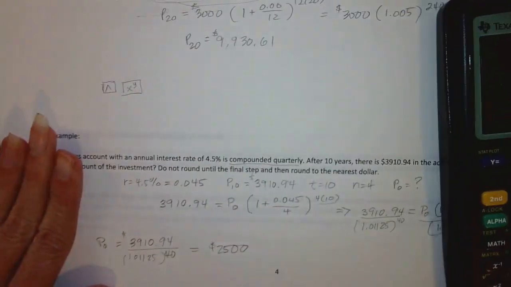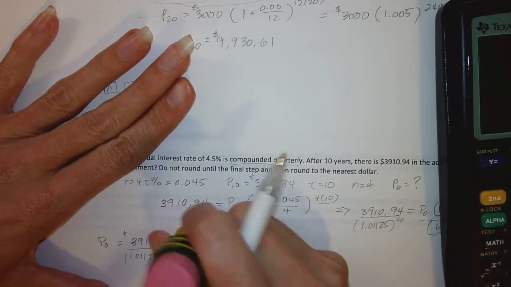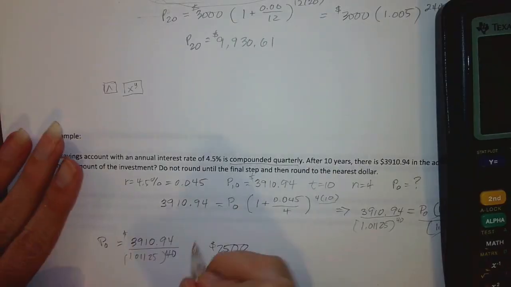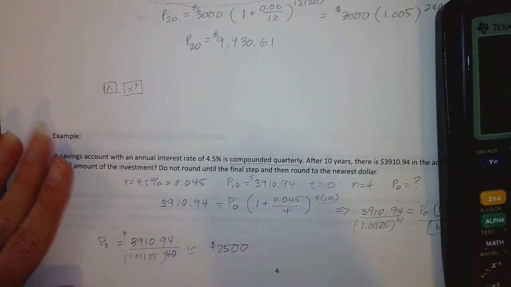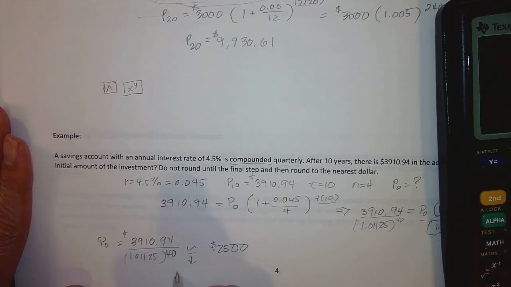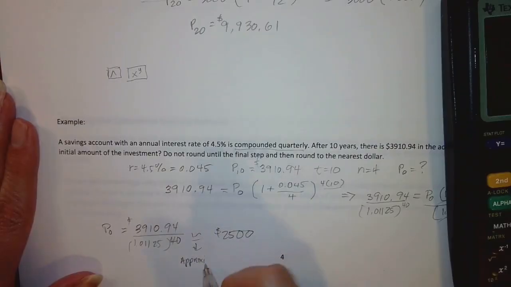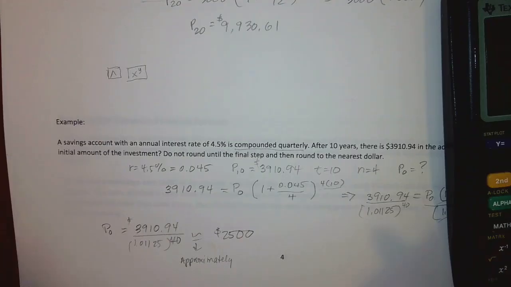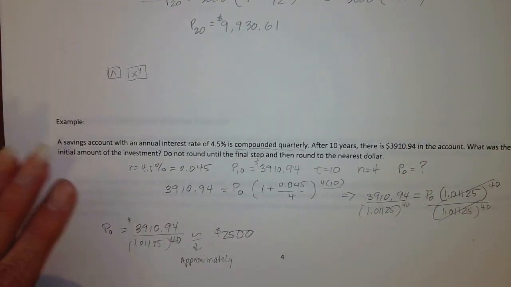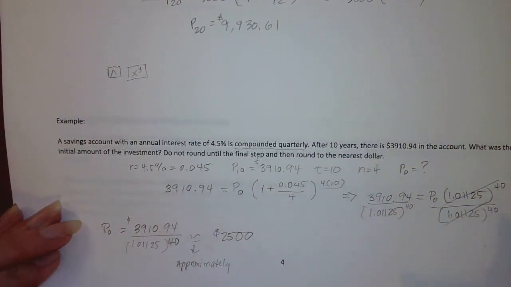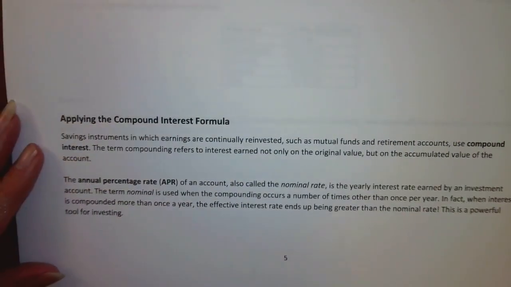And actually, an equal sign, since we rounded, isn't the most correct. If we have an equal sign with a little squiggly on top, that means approximately. And we use that when we do rounding. Approximately covers a multitude of sins in mathematics.